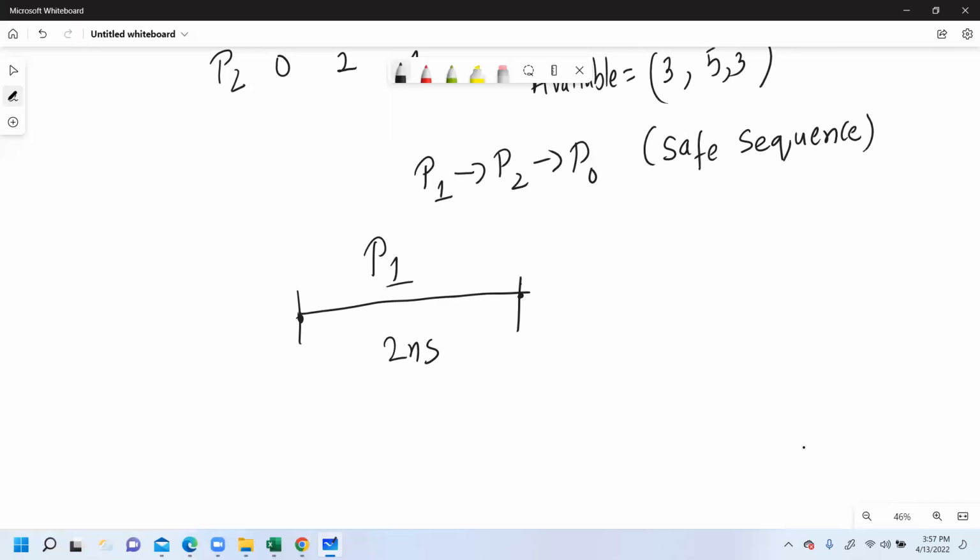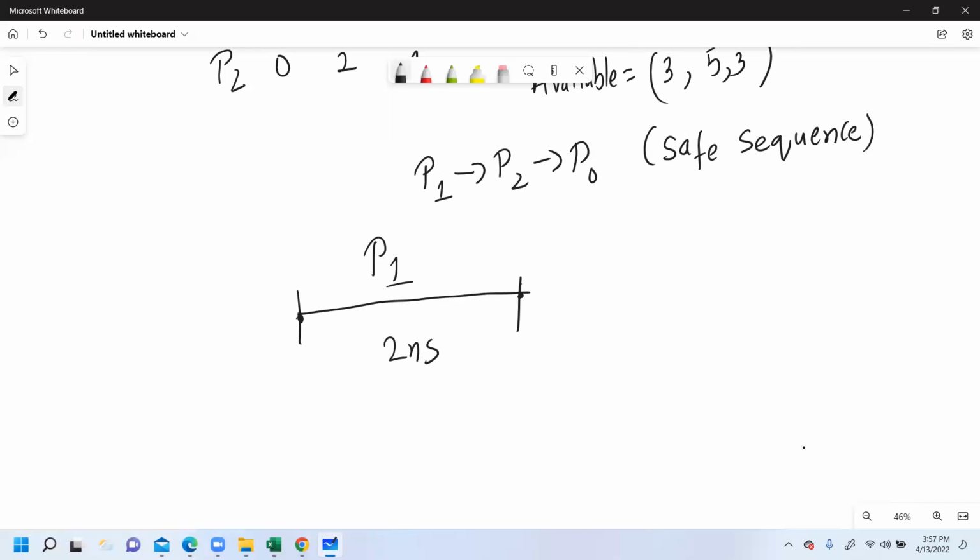Banker's algorithm assumes that the resources are released only when the process completes, and that when the process starts it is given all the resources. But in reality, a process can release a resource at any point of time, whenever it doesn't need it, and it can also request a resource at any point of time.